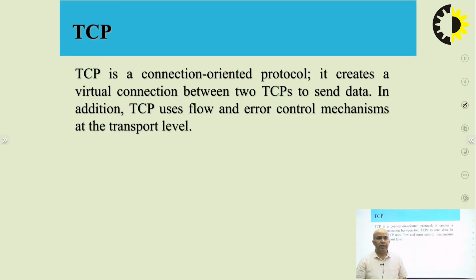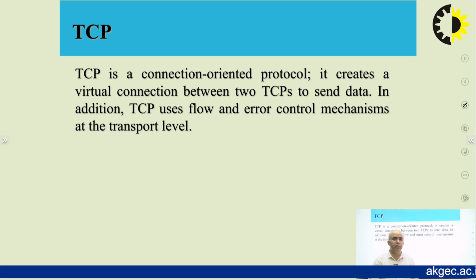Okay, let us go further ahead. TCP is basically a connection-oriented protocol. It creates a virtual connection between the two TCPs, or two nodes, to send and receive data. Additionally, it uses flow and error control mechanisms at the transport layer, in which a connection has to be created between these two nodes.